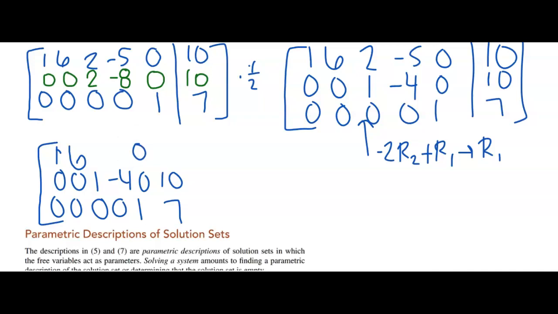Okay, -2 times row 2 plus row 1 makes that a 0. That's why I did that. 8 plus -5 makes this a 3. And then -20 plus 10 makes this a -10.